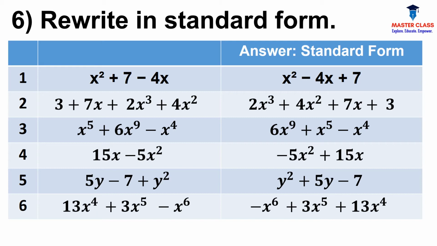The polynomial 5y minus 7 plus y squared must be rewritten as y squared plus 5y minus 7 to make it in standard form. The last polynomial 13x raised to 4 plus 3x raised to 5 minus x raised to 6 must be rewritten as minus x raised to 6 plus 3x raised to 5 plus 13x raised to 4 to make it in standard form.